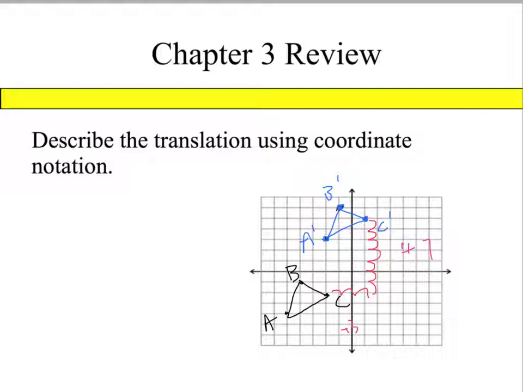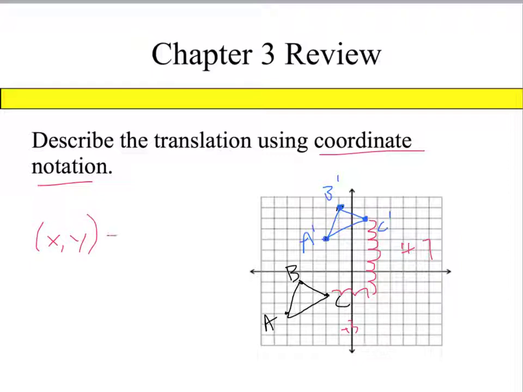Now, coordinate notation. If we remember coordinate notation, what are we doing to each x and y? So if I give a point on here, what happened to each x and y? Well, the x went right 3. The y went up 7. So I start with my initial coordinate pair of x, y.